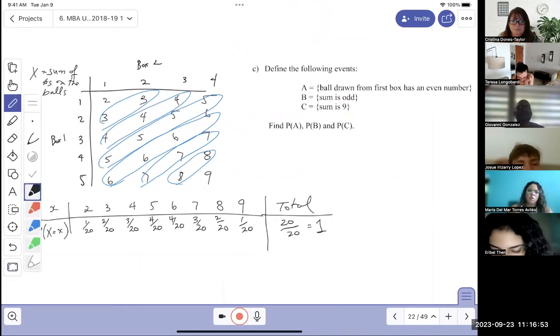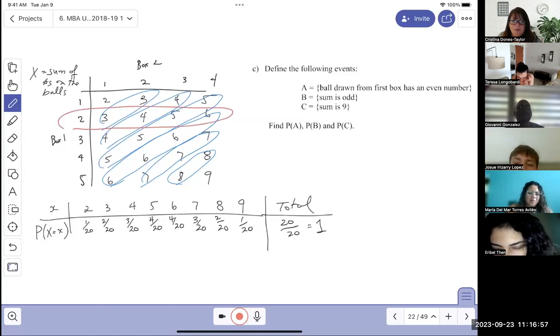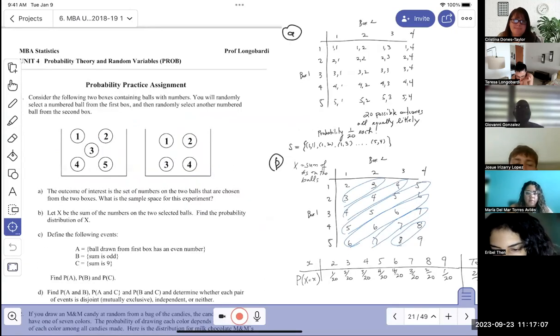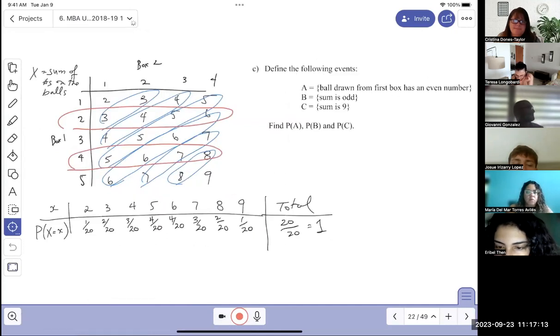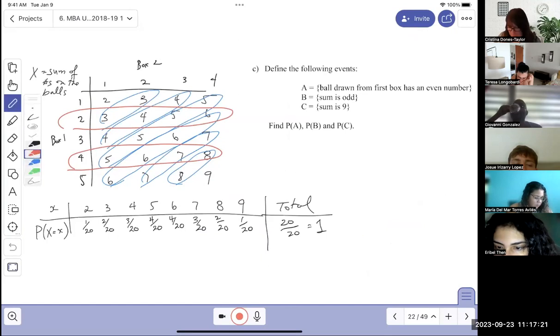Yeah, I'm going to use X. It's not clear here, I guess, but yeah. So I'm going to use the ball drawn from the first box as an even number. So that's going to be red.